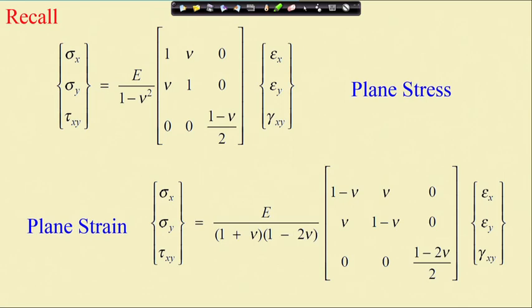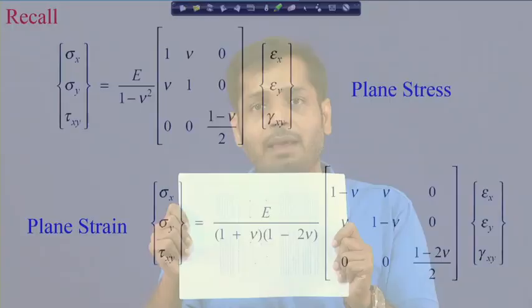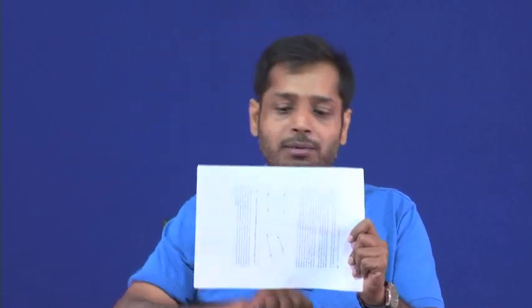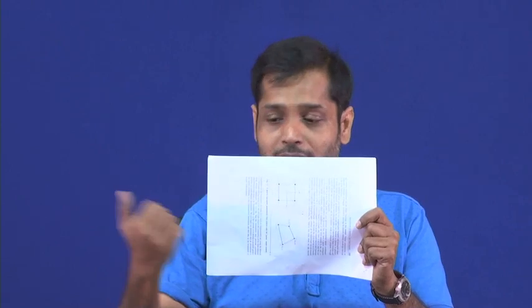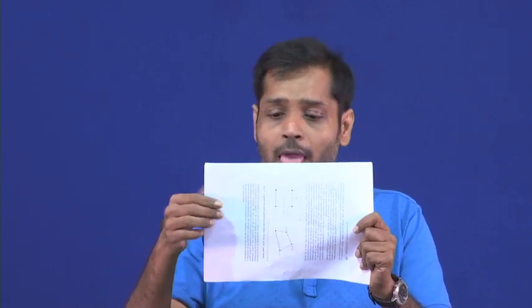A plane stress problem is one where the stress in a particular direction is 0, or so small that you can neglect it. For instance, if you take a paper like this and apply in-plane loading here, here and here, we can have stress in this direction and in this direction, but across the thickness of the paper, we can say that this stress is so small compared to the other stress field that we can neglect it. So, this is a plane stress problem.